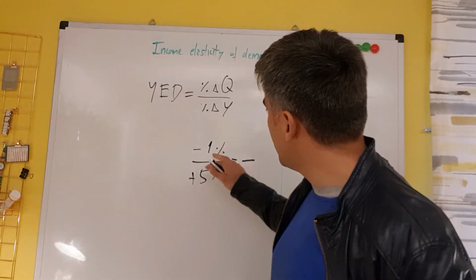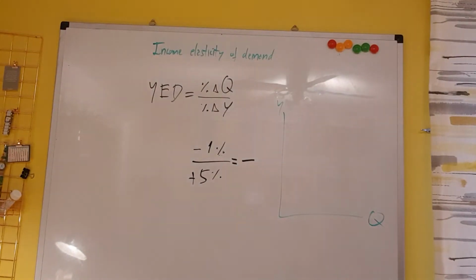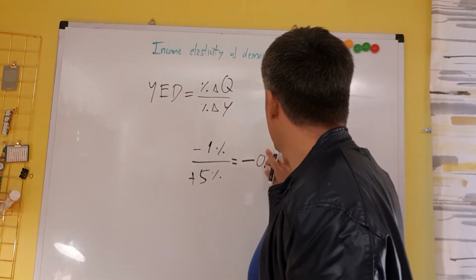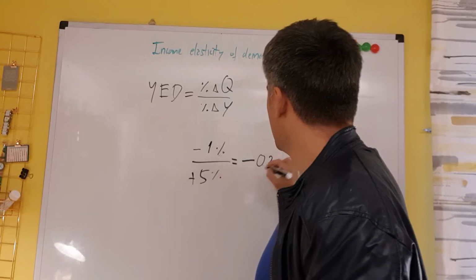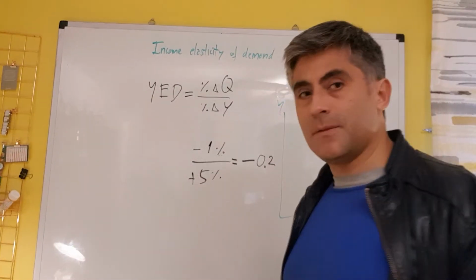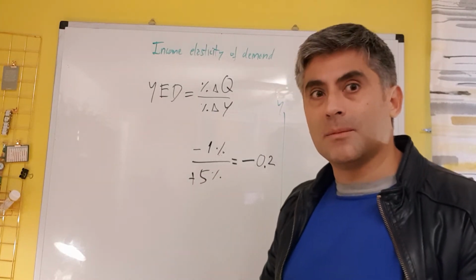So if we have 1 divided by 5, that's 0.2. So we see that there's a weak relationship here, minus 0.2. So that's the income elasticity of demand for chicken dollars when my income increases.